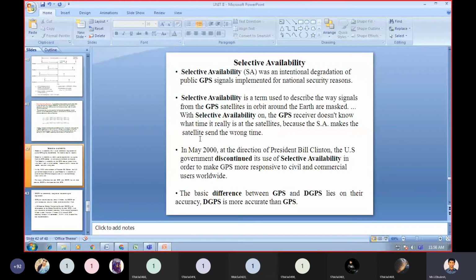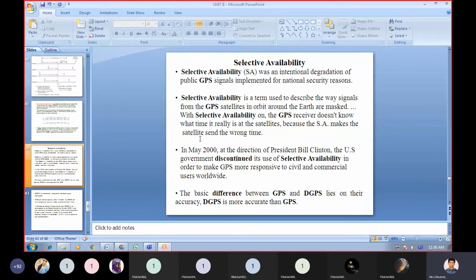It is not known what time it really is at the satellite because SA makes the satellite send the wrong time also. In May 2000, at the direction of President Bill Clinton, the US government discontinued its use of selective availability in order to make GPS more responsive to civil and commercial users worldwide.